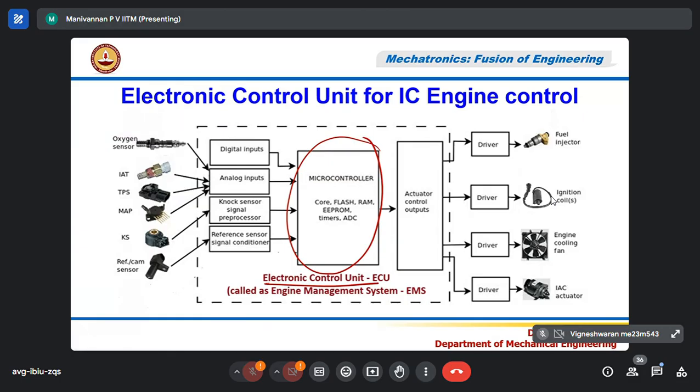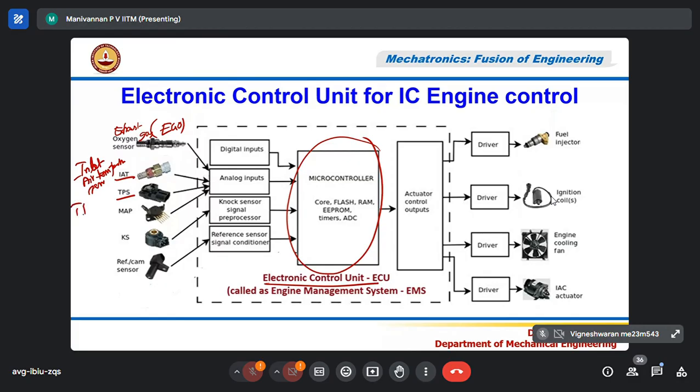ECU receives signals from various sensors. Important sensors are the exhaust oxygen sensor, oxygen gas sensor, the short form is the EGO sensor, which measures the amount of oxygen coming into the tailpipe, which is an indication of the air-fuel ratio of the engine. Then IAT means inlet air temperature sensor.